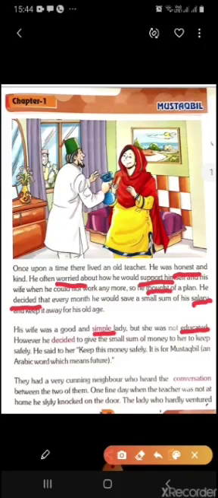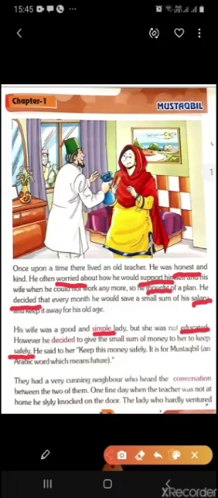However, he decided. Then your next word is decided. Well, we have already done the word decided. Decided means already thought of doing an action. Our next word is safely. Safely.